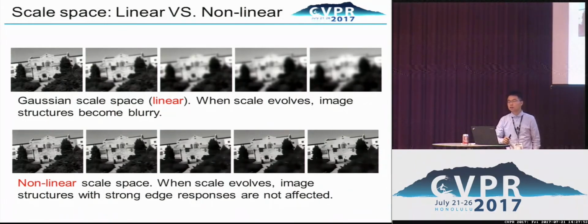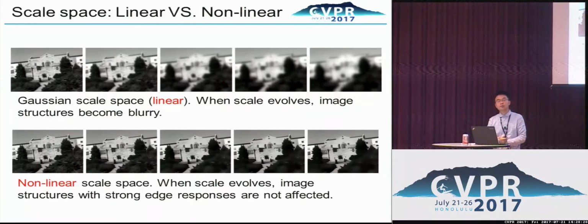It can be seen that the images in a Gaussian scale space respond equally to the object boundaries and the flat areas, so to the noise and the details. When scale evolves, image structures become more and more blurry. On the contrary, as shown in the bottom row, a nonlinear scale space responds differently to the object boundaries and the smoothed areas.